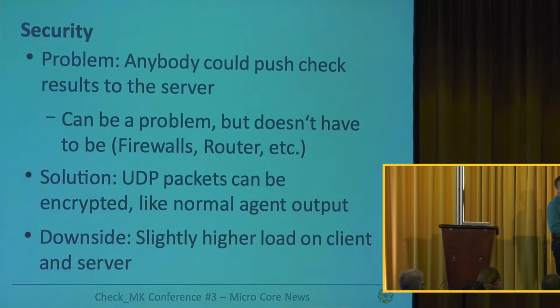But usually this requires a bit of thought, and the solution is just like a normal agent output, which can be encrypted. I'm not sure since when, it's 128 probably. But you can also encrypt UDP packages. So not everybody can just push something onto our server. Little disadvantages: via OpenSSL, you do have an encryption and decryption, which could be a problem on very weak clients, but usually it's not an issue.